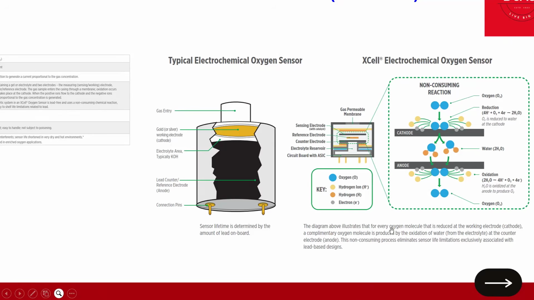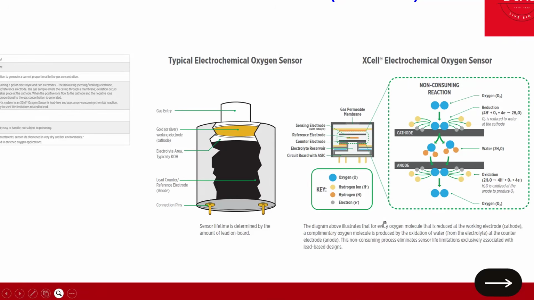This diagram illustrates that for every oxygen molecule that is reduced at the working electrode, that is the cathode, a complementary oxygen molecule is produced by the oxidation of water from the electrolyte at the counter electrode, which is the anode.